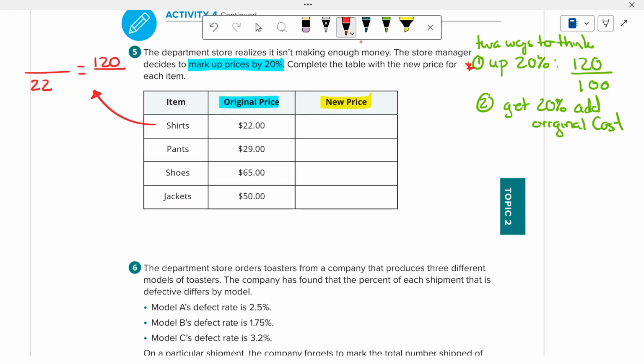So that's going to be 120% and then 100. 22 is equal to 100 because that's 100%. And we have mystery. So we do the math just like normal. Nothing's changed. You set up your proportion. You do your math of magic. So it's going to be 120 times 22, which is 2,640. And then we're going to divide that by 100.